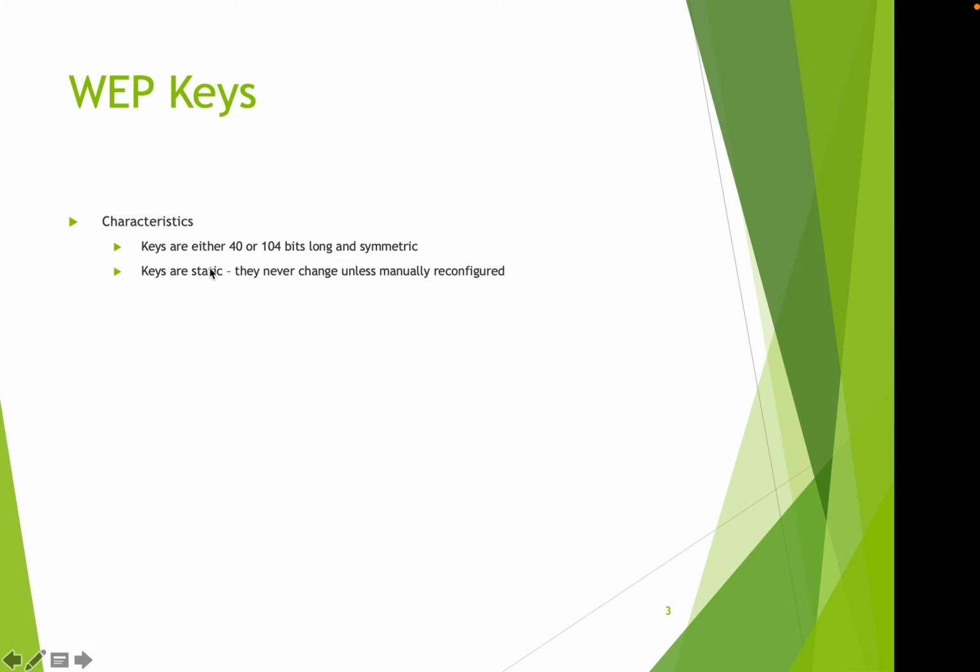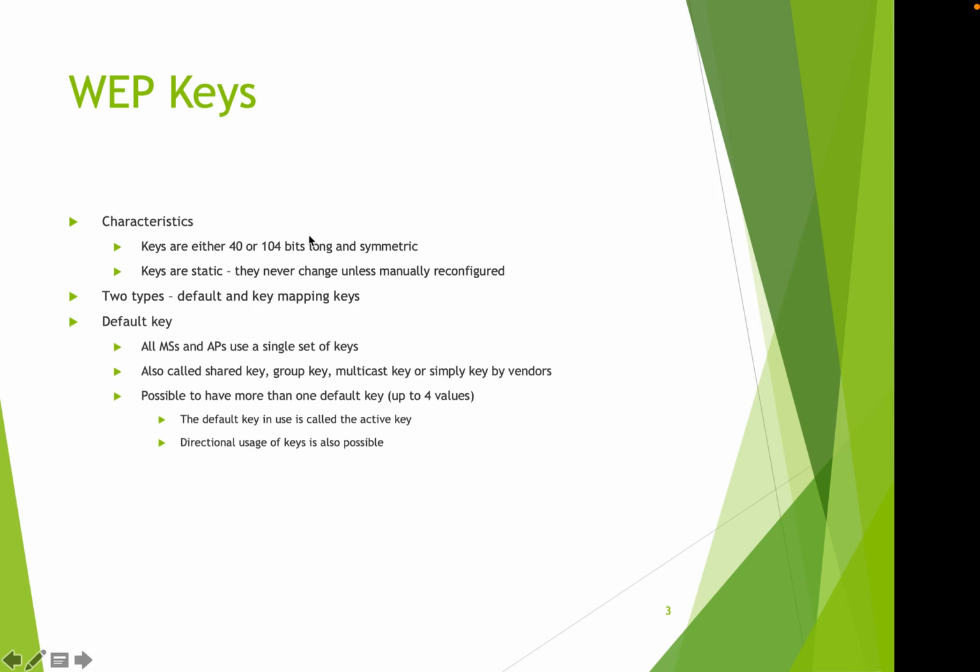Let's take a look at the characteristics. The keys are either 40 or 104 bits long, and they're symmetric. The keys are static. They never change unless you manually configure them. There are two types: the default key and the key mapping key.